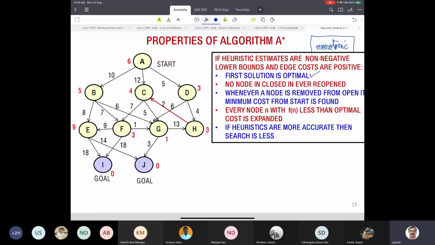We also said no node in closed is ever reopened. Why? Because you have already found the best cost path. You cannot come to it again. Whenever a node is removed from open, its minimum cost from start has been found.